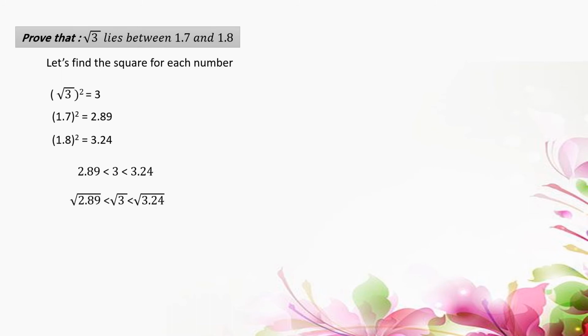Then root 3 has to be between root of 2.89 and root of 3.24. Using your calculator, root 3 lies between square root of 2.89 equals 1.7 and the square root of 3.24 equals 1.8.